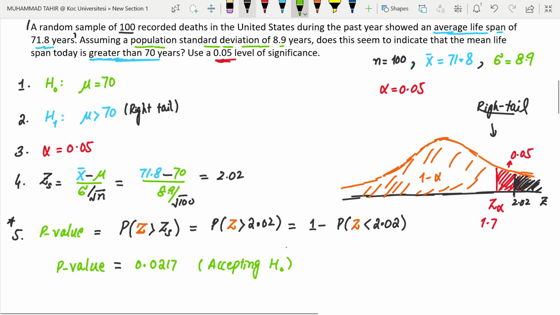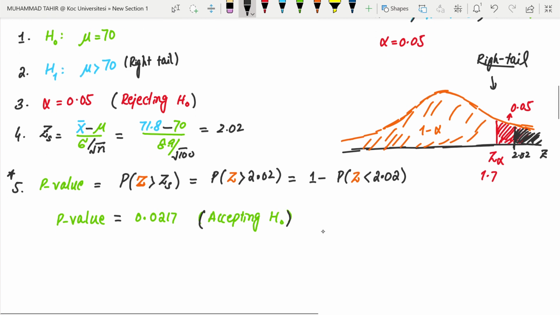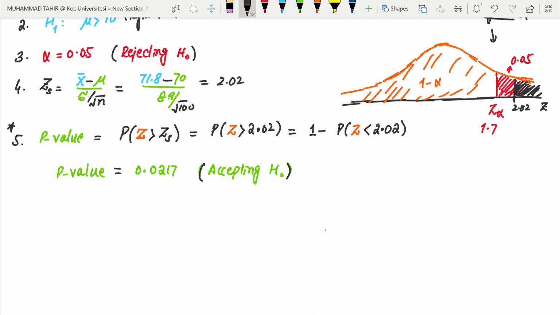This is the probability of accepting H0, and this is the probability of rejecting H0. Now in step 6, almost all is done. We are almost there.